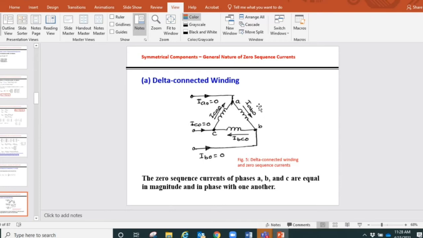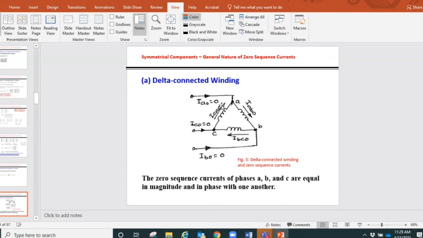And why is it IAB0? Because it's flowing in the branch between A and B, and it's zero sequence current. So IAB0 is indicating it's a zero sequence current. Similarly, from B to C, IBC0. I is for current, BC is for B and C nodes, and 0 is for zero sequence, and then ICA0 similarly.